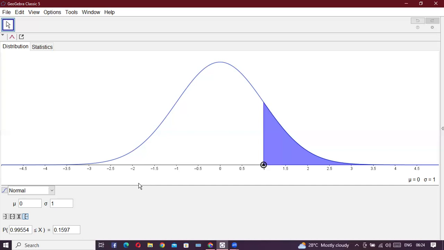All right, so I have a question here. It says IQ scores are normally distributed. So once it's normally distributed, we can use this probability calculator for normal distribution in GeoGebra to solve it. They are normally distributed with an average of 100. We know the average is always the mean. So the mean is 100. Here I won't use the standardized normal distribution.